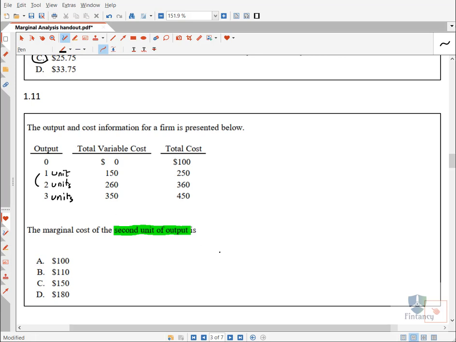So I need the second unit, which is somewhere in between. No calculation is needed. You can just subtract this from here because it's only about 1 and 2. So 360 minus 250 should be the answer. Very simple, right?